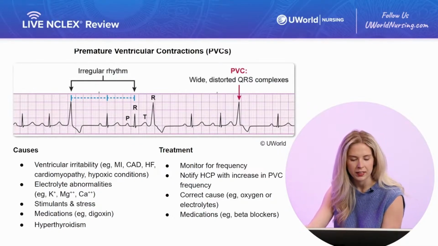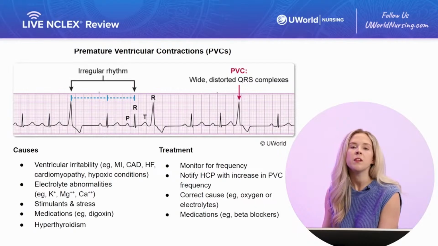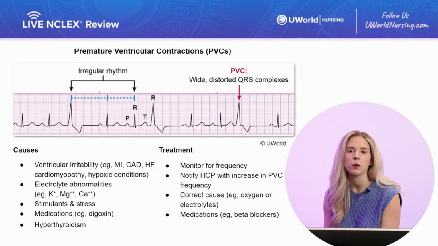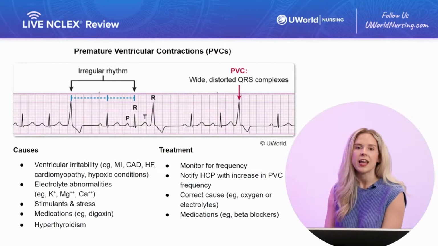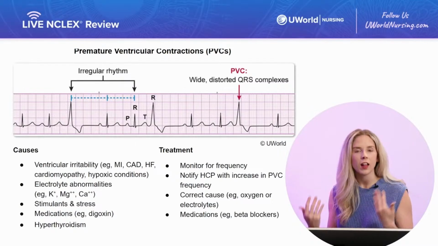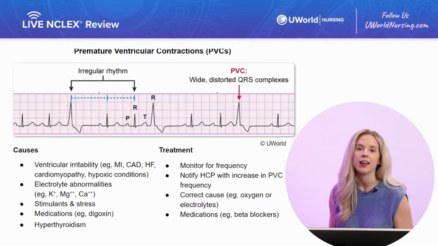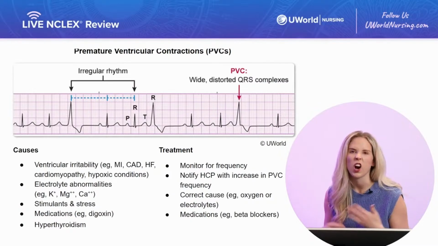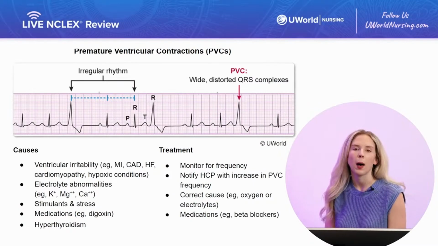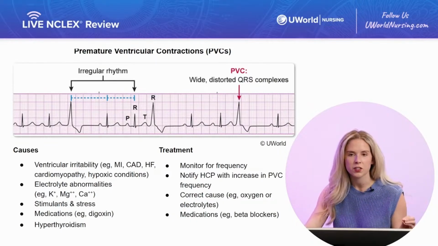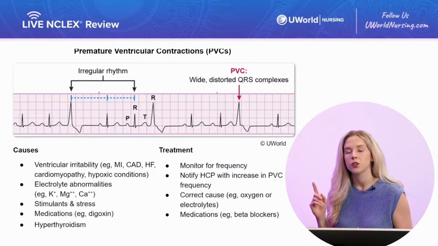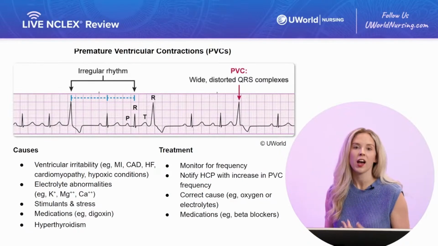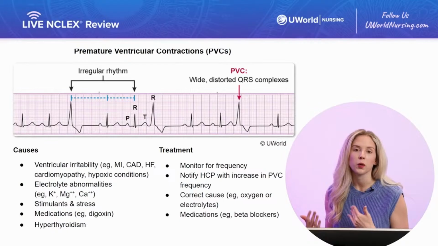So our treatment now, what are we going to go ahead and do to these clients with PVCs? So most of the times when you are dealing with PVCs, it's just the occasional PVC and the client will still remain asymptomatic. At most, the client may feel like their heart skipped a beat or maybe there was a little palpitation. However, we touched on how multiple PVCs have the potential to progress to VTAC, ventricular tachycardia, and ventricular fibrillation or VFib.